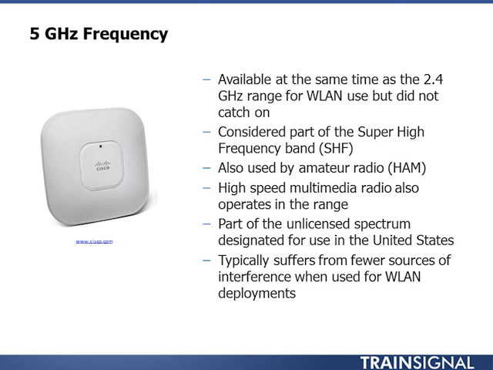So for instance, I was at Train Signal a couple of months ago, and I was looking at what wireless LANs were operating in their corporate head office, and I didn't see any noise in the 5 gigahertz band. Everybody had deployed their wireless LANs in the 2.4 gigahertz band, and I could see the microwave ovens and the cordless phones, etc., operating in that band.